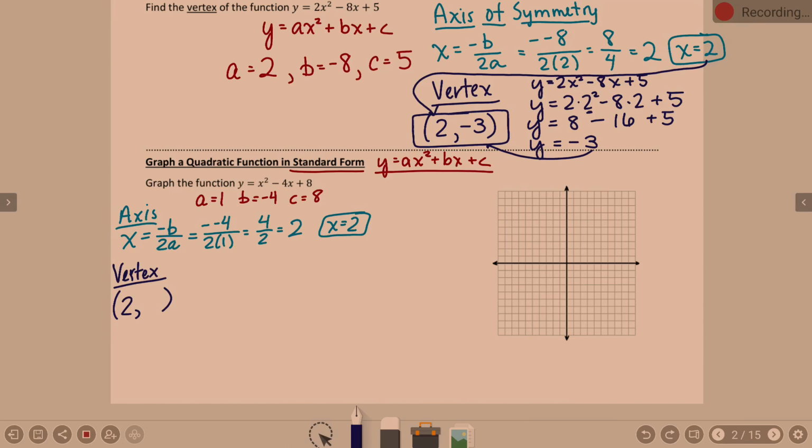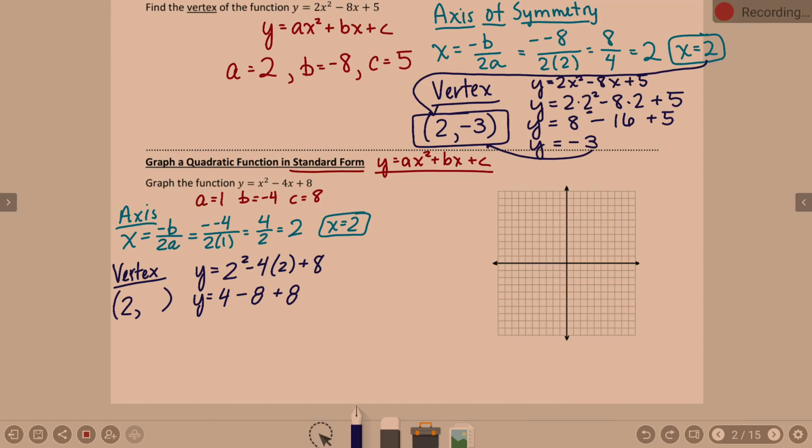So y equals, I'm plugging it into the original, yes. 2 squared minus 4 times 2 plus 8. 2 squared is 4 minus 4 times 2, so minus 8 plus 8. 4 minus 8 plus 8.